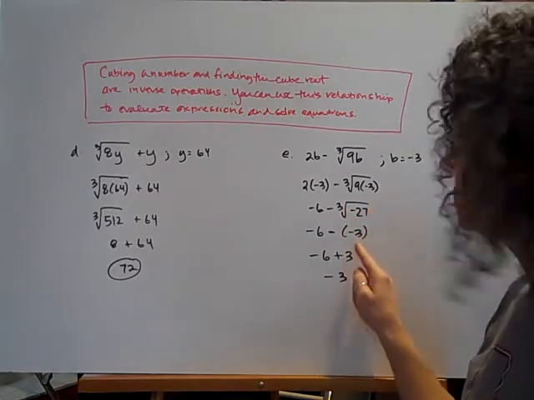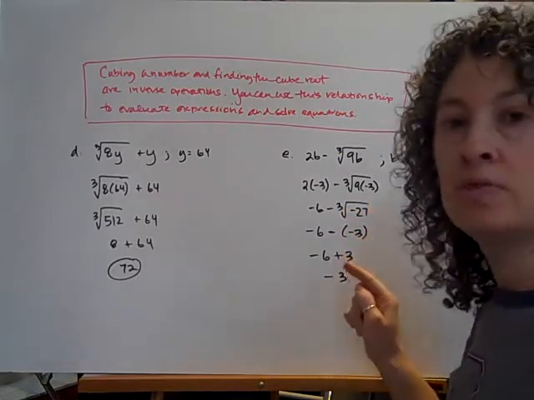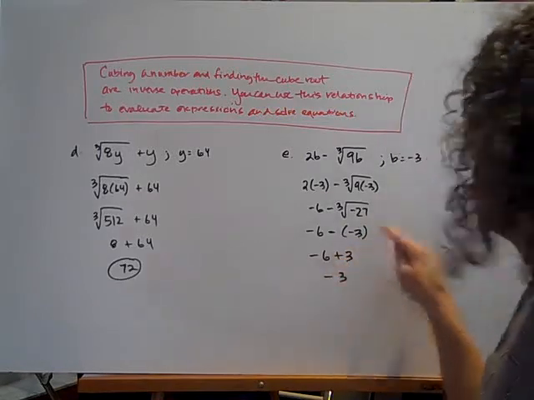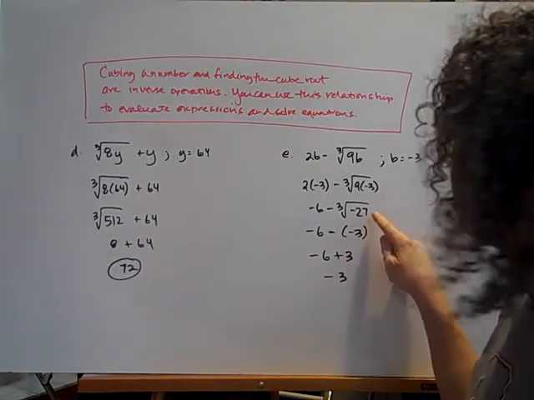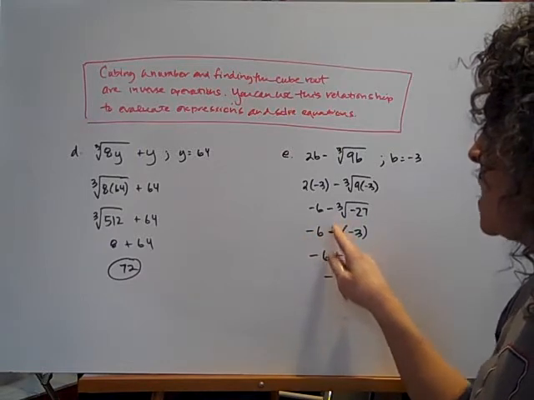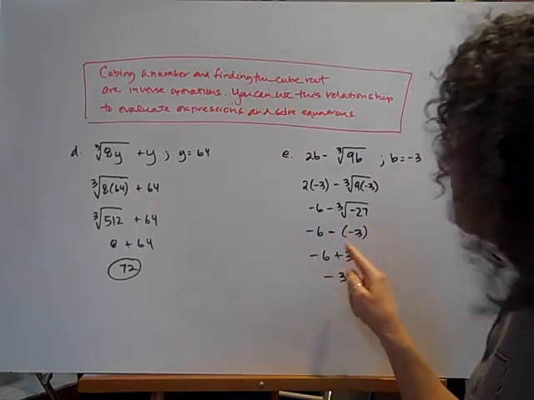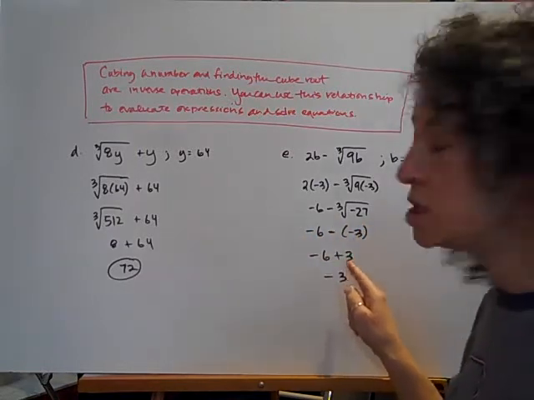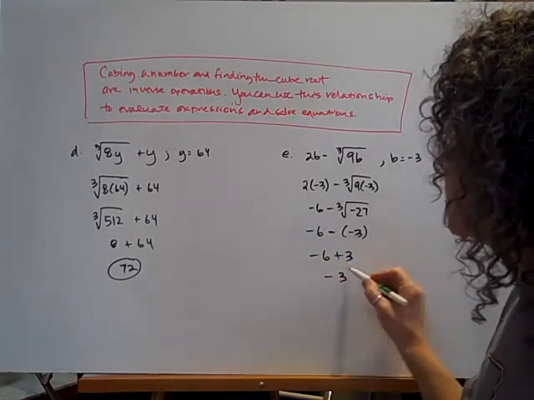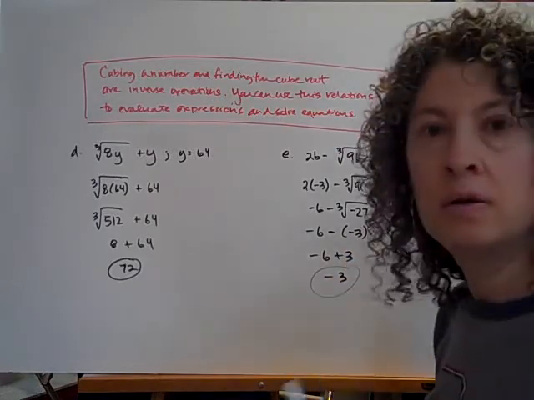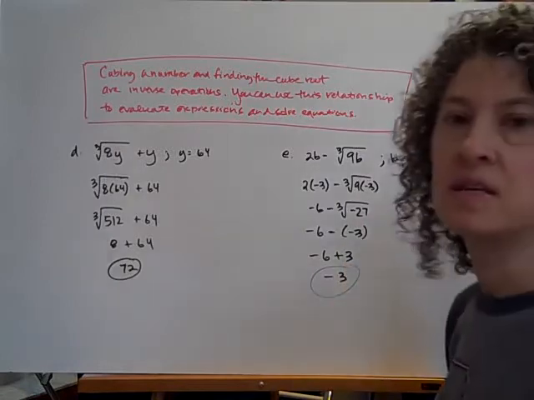It's a negative in there, so I'm going to end up with a negative, because remember, negative 3 times negative 3 times negative 3 will give me that negative 27. So I have negative 6 minus, and now here's my negative 3, minus a negative 3, same thing as plus 3. So I end up with negative 3 as my final answer there when I simplify this expression.